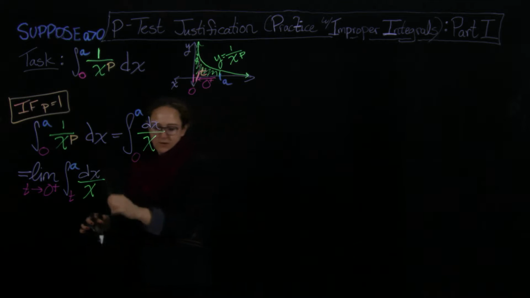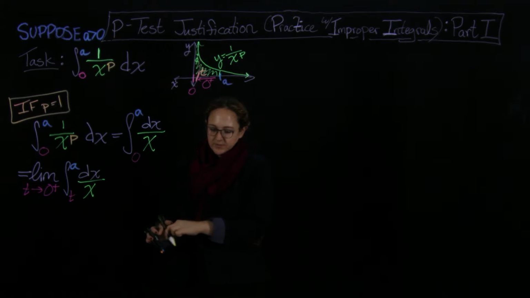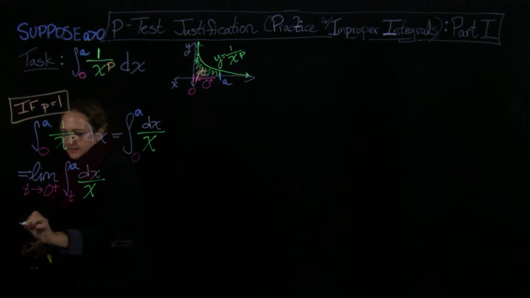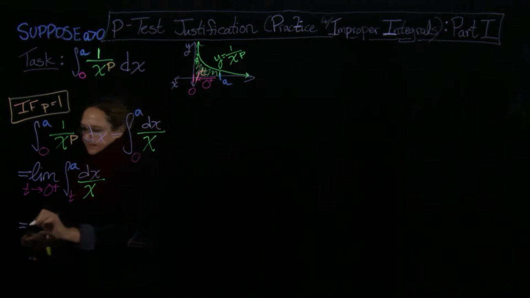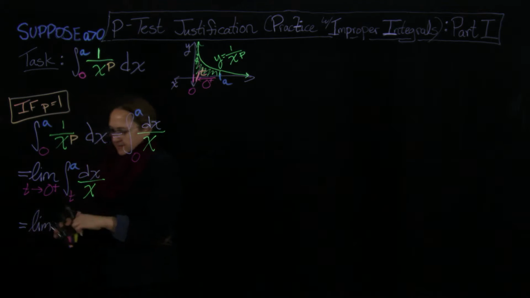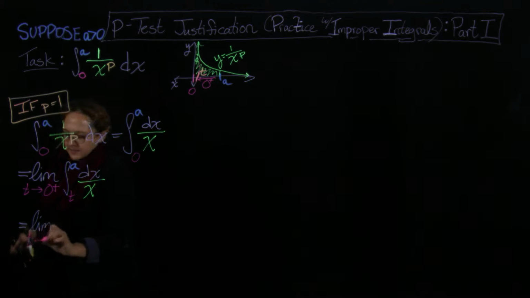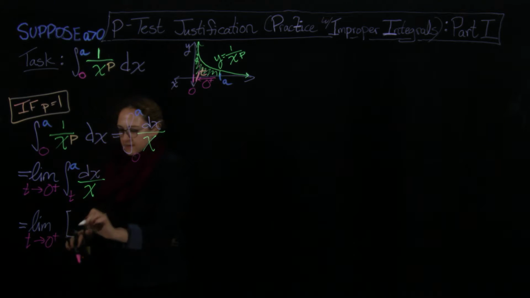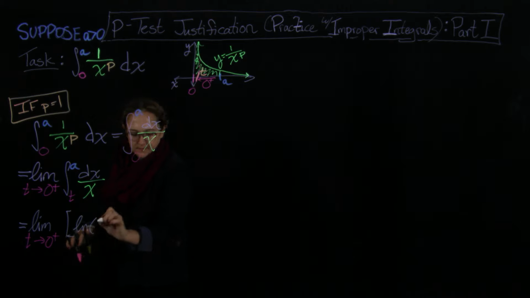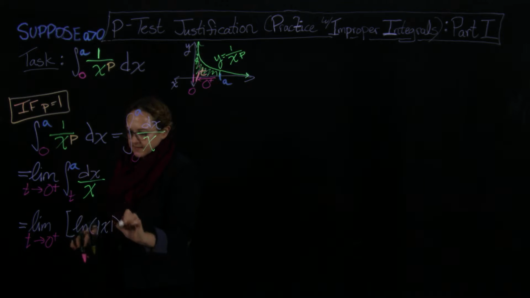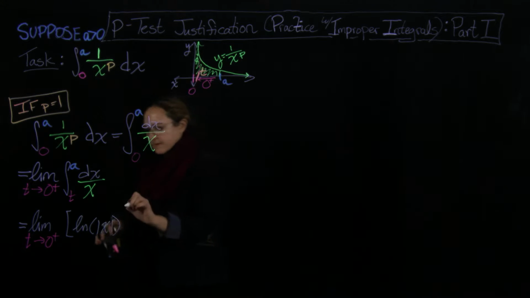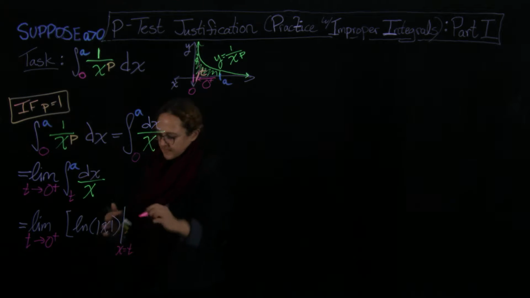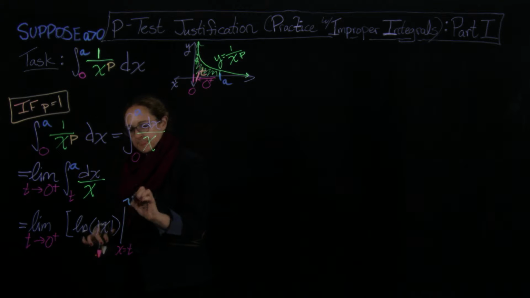We already know how to compute that integral as being equal to the natural log, so we still have to remember each time to write our limit. So this is the limit as t approaches 0 from the plus side, and then we can evaluate: the natural log of the absolute value of x, going from x equals t up to x equals a.